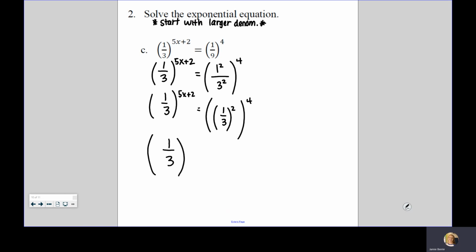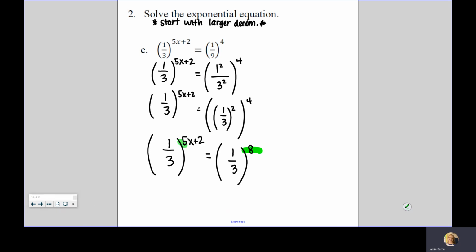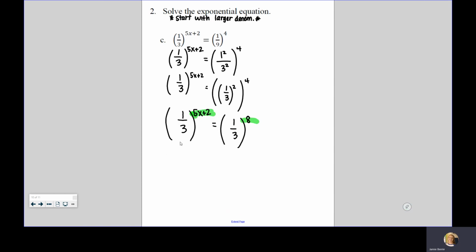Now we're going to combine our exponents. We have a power to a power. So go ahead and multiply them. 2 times 4 is 8. Now I have the same base. I can just set my exponents equal. Okay.